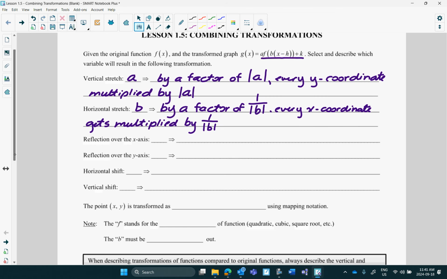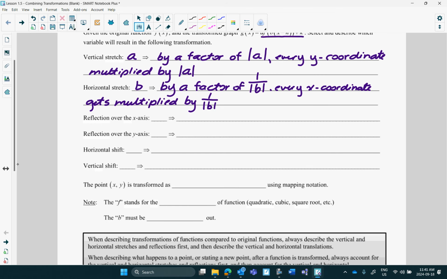Reflection over the x-axis means vertical flip. So this one here means vertical flip. What letter affects that? A. Everything on the outside is vertical. Inside is horizontal. And what is it?